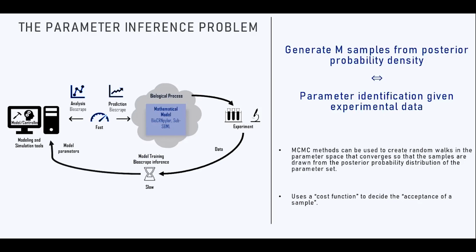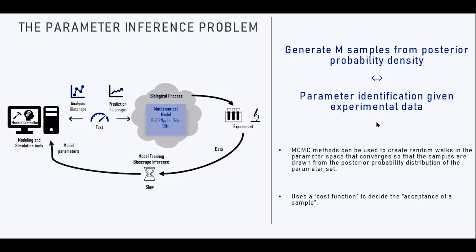And then it will use that value to propose the next sample and will try to minimize that cost. And once it reaches a certain minimum level of the cost, it will keep trying to sample and then at the end give you this representative sample of the parameter distribution, from the posterior probability density.